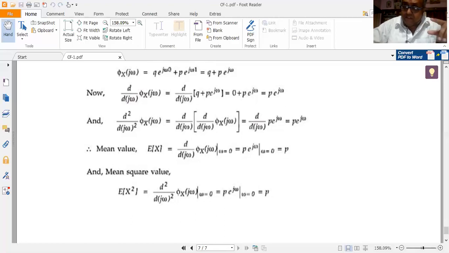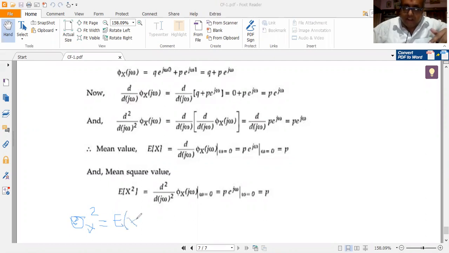I told the variance is 0, but let us verify whether variance is 0 or non-zero. It may be equal to 0 or a non-zero value. So let us check whether our claim is correct or not.